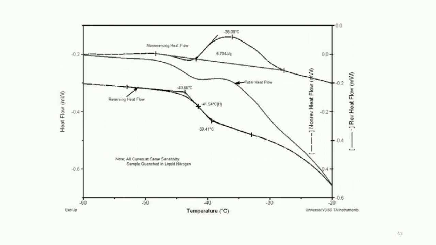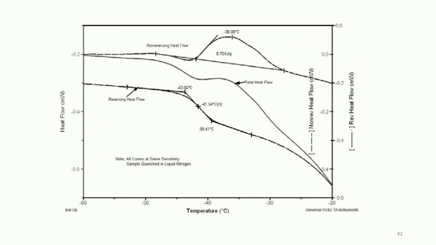The derivative signal more clearly shows the double transition, and it also shows that there are minor temperature lags between heating and cooling with this differential scanning calorimetric technology.